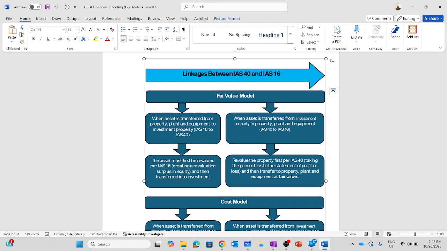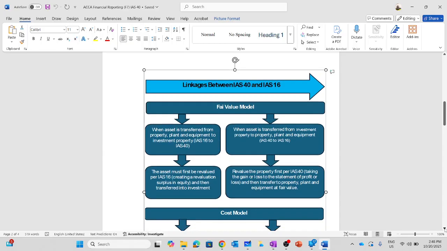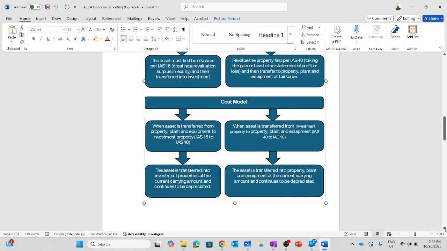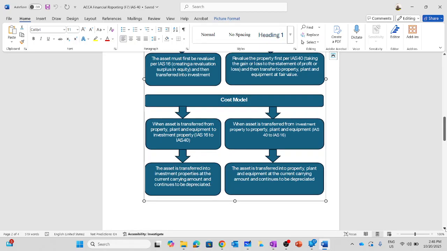Now, let's look at the cost model. How are we going to account for the investment property under the cost model? When an asset is transferred from property, plant and equipment to investment property, IAS 16 to IAS 40, using the cost model, the asset is transferred into investment property at the current carrying amount and continues to be depreciated.